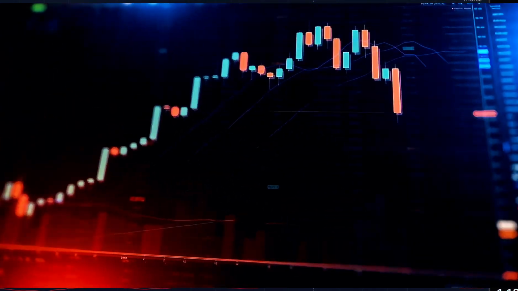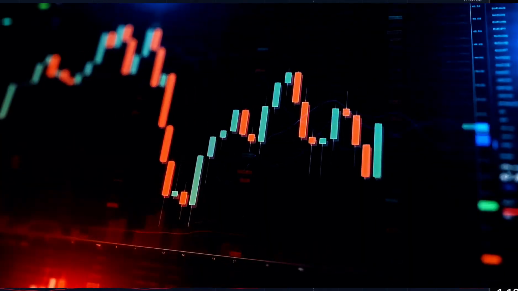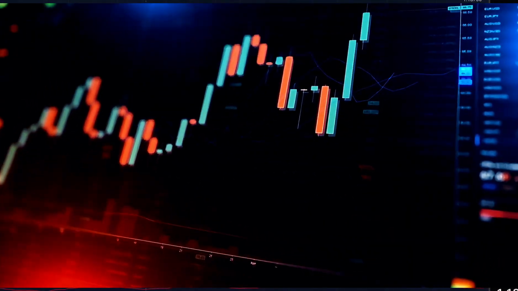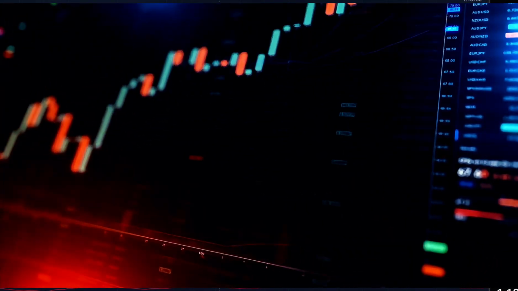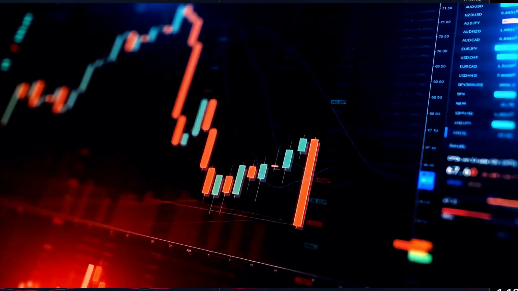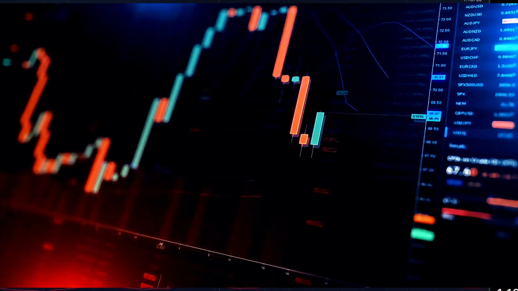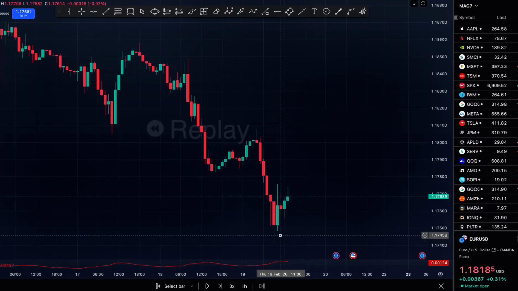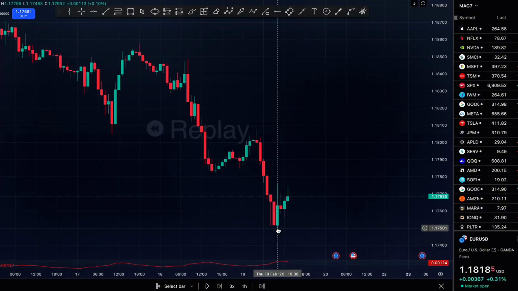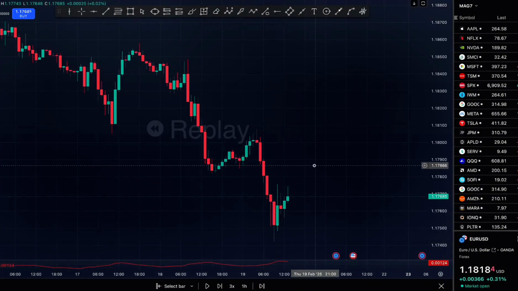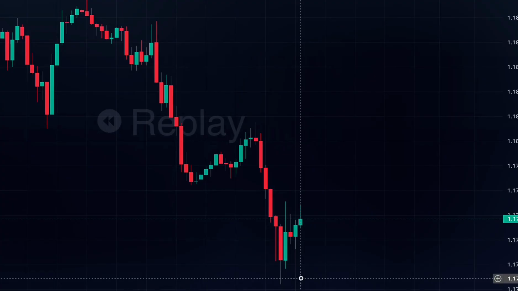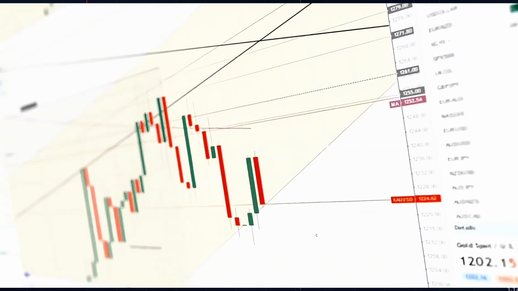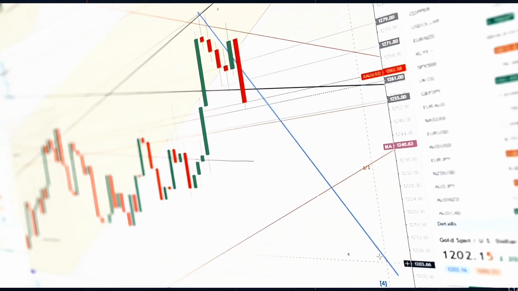One of my favorite strategies for catching significant price movement when I am trading in any financial market is the double bottom. Yet, despite how powerful it is, this pattern is one of the most underutilized patterns in the entire industry.